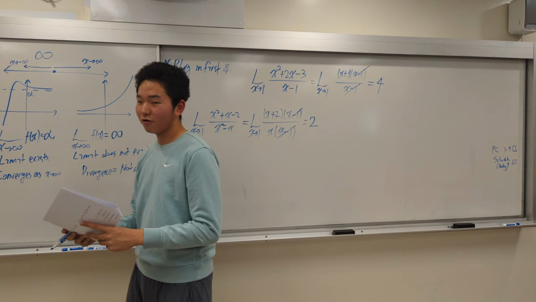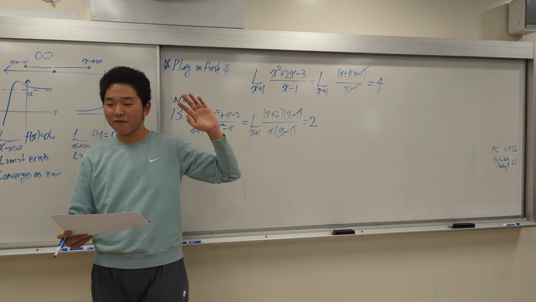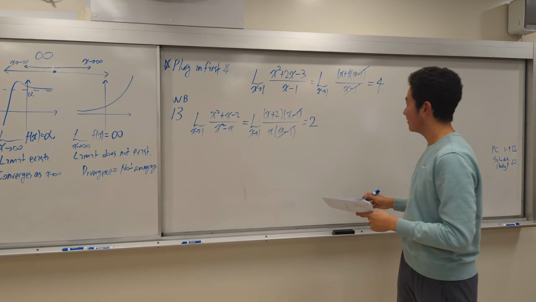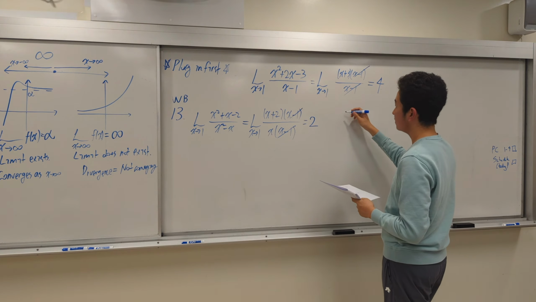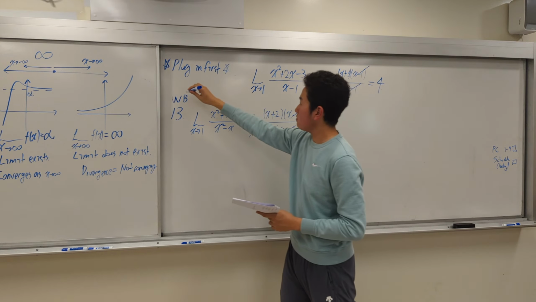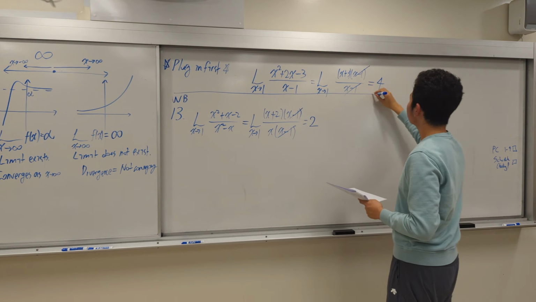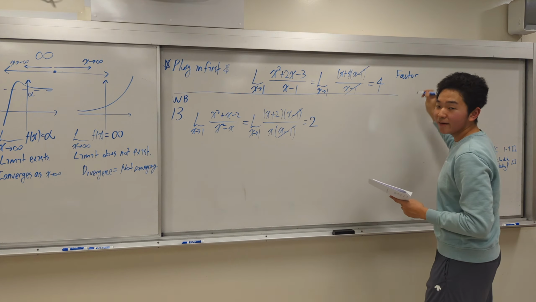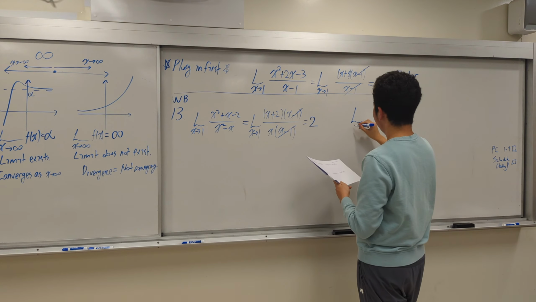Oh my gosh, we have a square root. Okay, first thing that you do, you plug it in. What happens when you plug it in? Go ahead and plug it in. What happens if you plug it in, the second one?